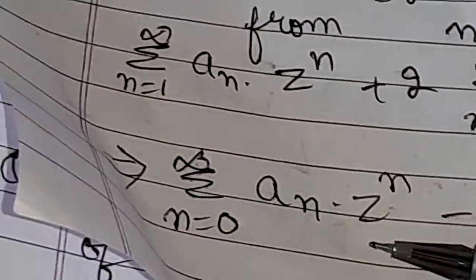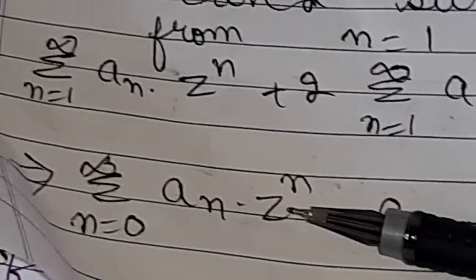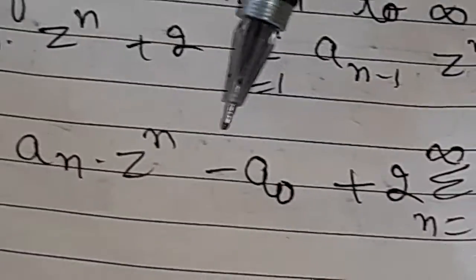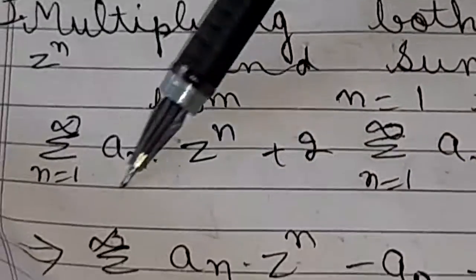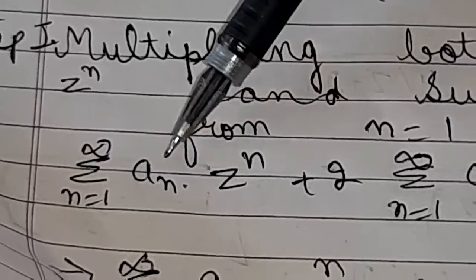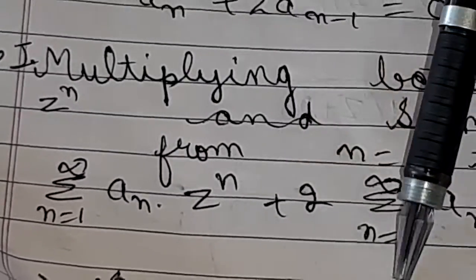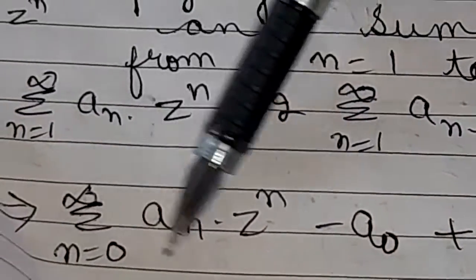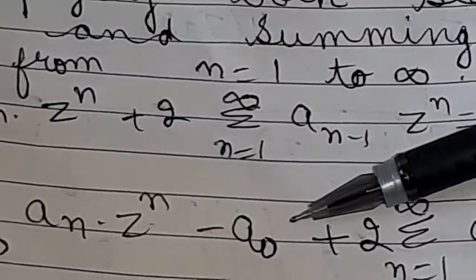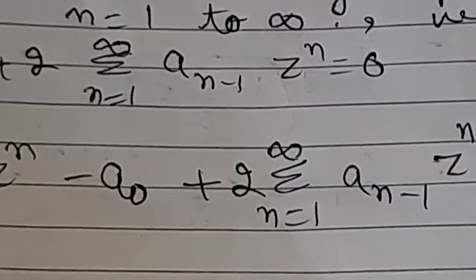So we can add and subtract a0 in the first term, and one a0 can be adjusted in this summation, as if we put n equals 0 it will be a0. So a0 minus a0 will be cancelled out and we get summation n varies from 1 to infinity an z^n. So we can add and subtract a0 to simplify it, to make it in the form of G(z).